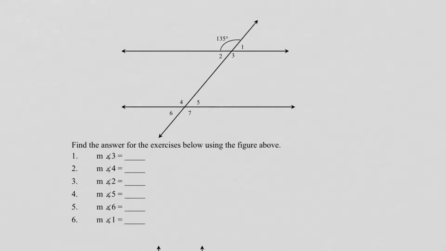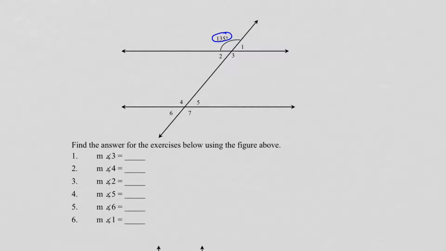Okay, let's take a look at page number 2 and worksheet number 2. We're looking at parallel lines cut by a transversal, creating 4 groups. The one clue that you're given, and with this one clue, we are going to fill out the rest of these.